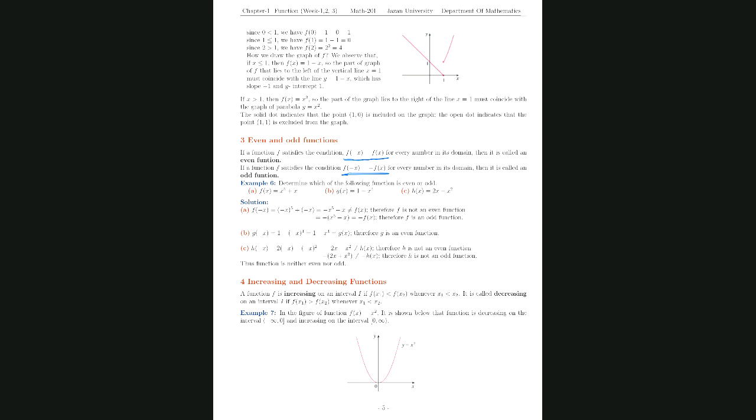I will give a simple example first. Let me start from the small examples, and then I will come to this. See this. Look over here, a function is this.